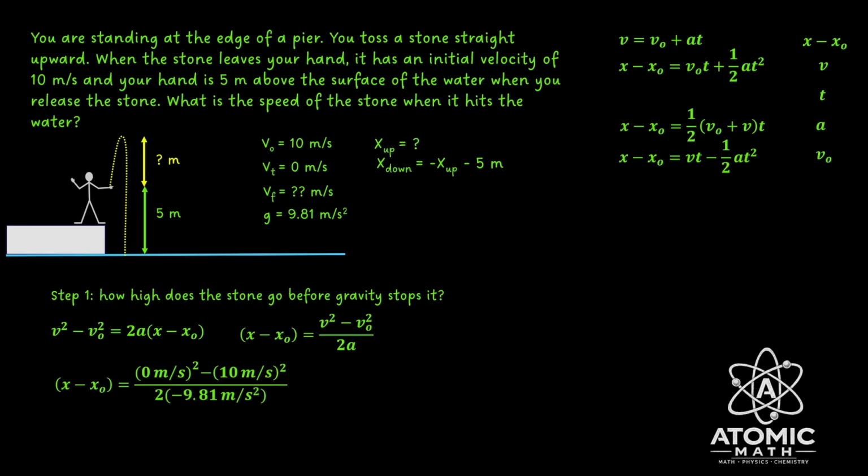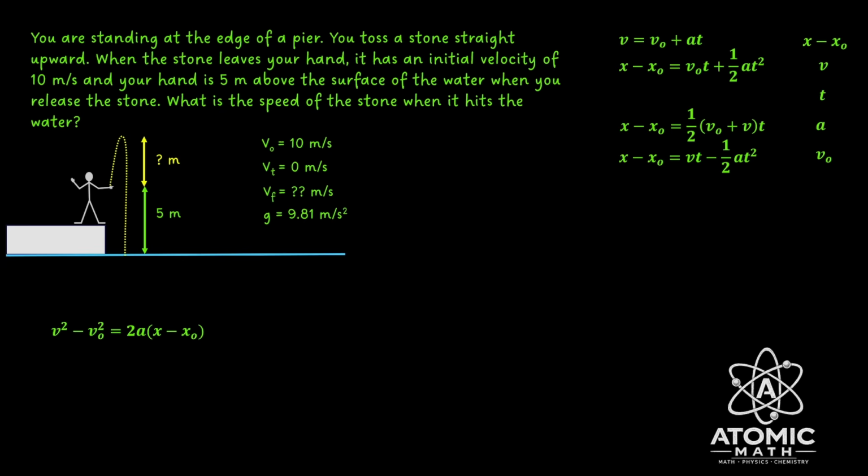So our distance is our final velocity, which is 0 meters per second, squared, minus our initial velocity, which is 10 meters per second, squared. And then on the bottom, we're just going to multiply our gravity by 2. So if we multiply this out, we're going to get a distance of 10.2 meters.